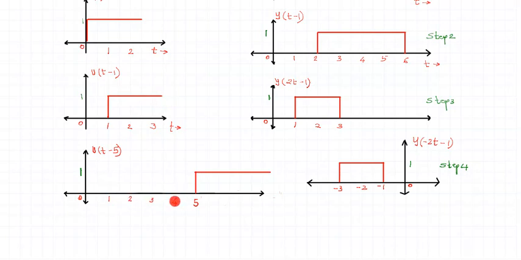When I start to sketch the signal, what do I observe? Up to 1, the subtracted signal is 0. From 1, the subtracted signal takes a magnitude 1, since it is 1 minus 0. Now what happens at 5? At 5, u(t minus 1) is 1, but what is the magnitude of the other signal?